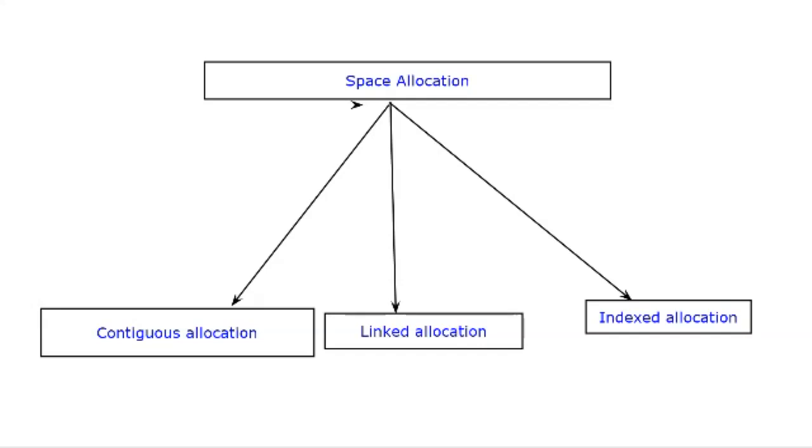If we talk of indexed allocation, it provides a solution to the problems of contiguous and linked allocation. Why does it provide the solution? Because there is an index that is created. Each file has its own index block which stores the addresses of the disk space occupied by the file.